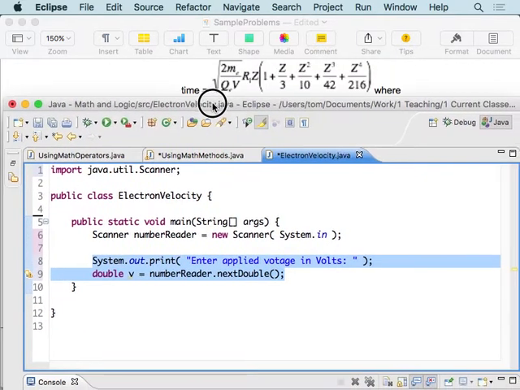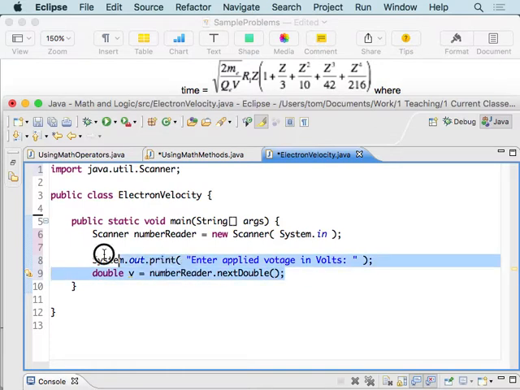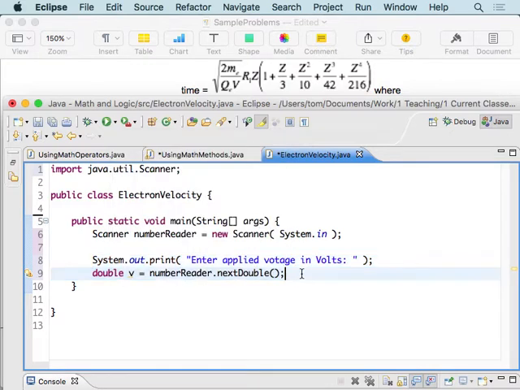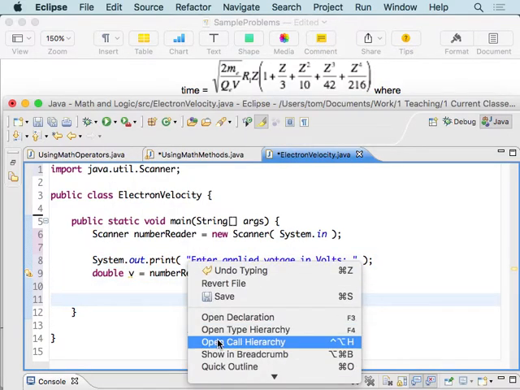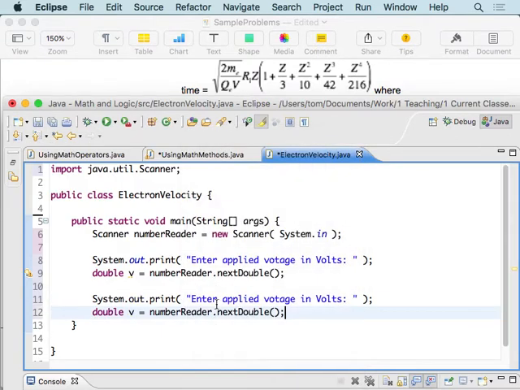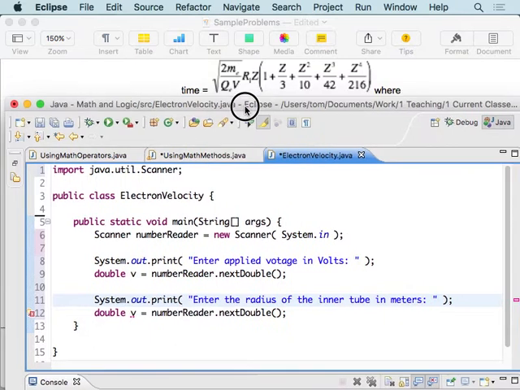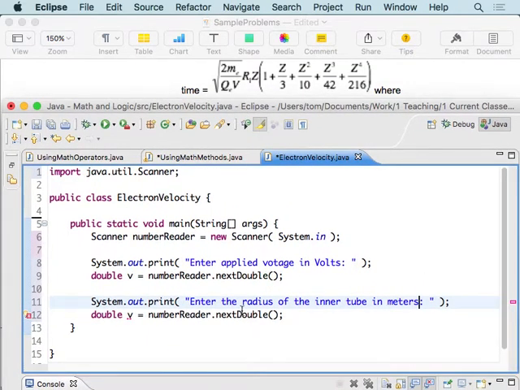So I'm just going to copy and paste this stuff, and then change this a little bit. So enter the radius of the inner tube in meters. I think that's what it said. Yep. Cathode and anode. I've heard those words before, but I don't know what they mean.